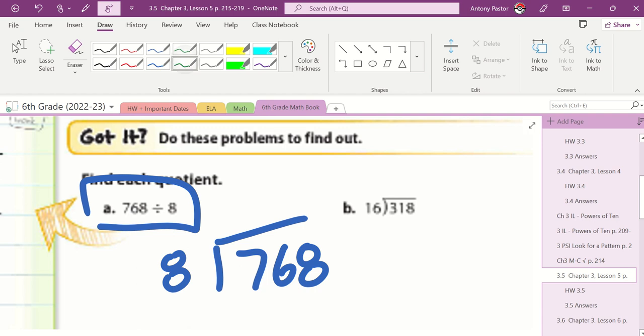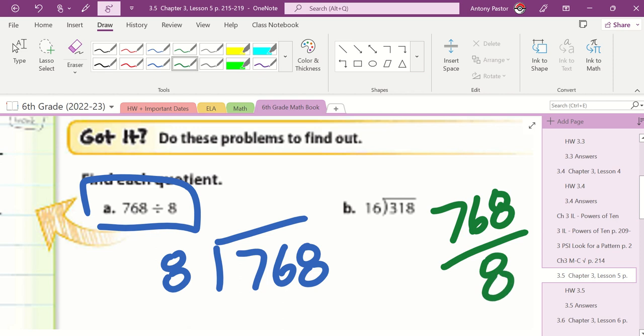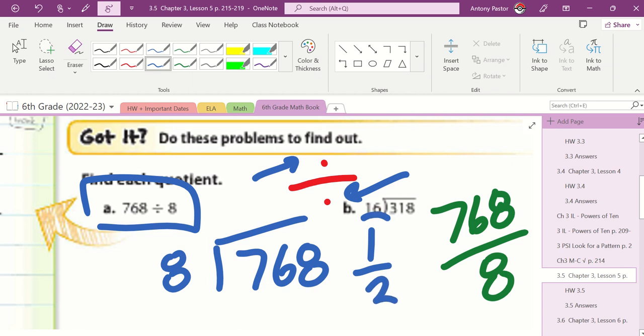And the other way it can be written is with 768 over 8, because a division symbol actually means to divide. A fraction is that. The 2 dots represent different numbers that are not there. So when you see 1/2 as a fraction, this actually means 1 divided by 2.